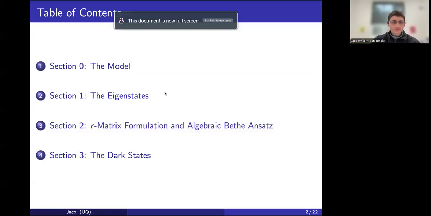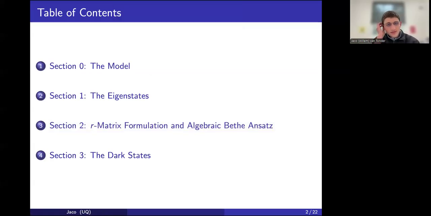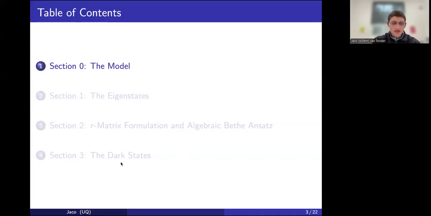So I'll first introduce the model, and then we'll get to the eigenstates of the model via a supersymmetric construction, and then to obtain the explicit eigenstates, we'll need to resort to the algebraic Bethe ansatz via the classical R matrix formulation. And then lastly, we'll get to the special eigenstates, which are unentangled, the dark states.